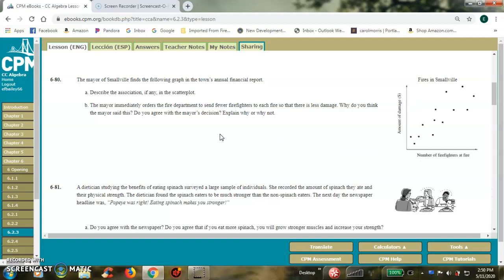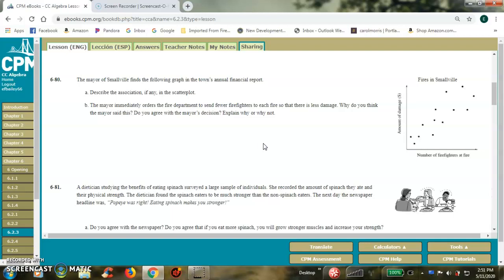So then Part B here says the mayor immediately orders the fire department to send fewer firefighters to each fire so that there is less damage. Why do you think the mayor said this? Do you agree with the mayor's decision? Explain why or why not. All right, so pause the video for just a bit, answer that question on your own, and then I'll explain the book's thinking and my thinking.